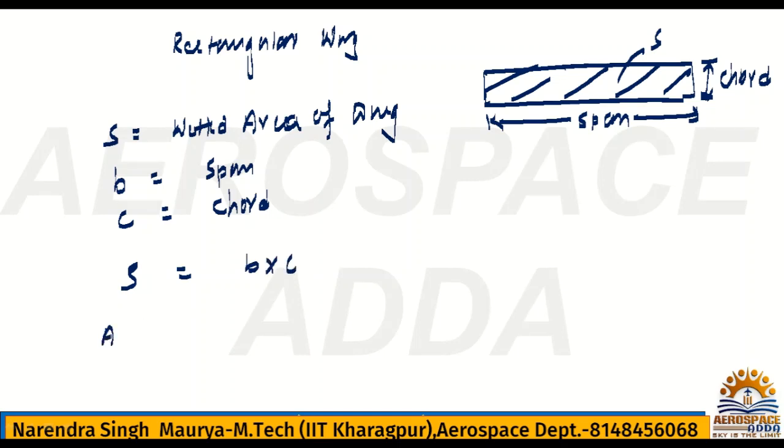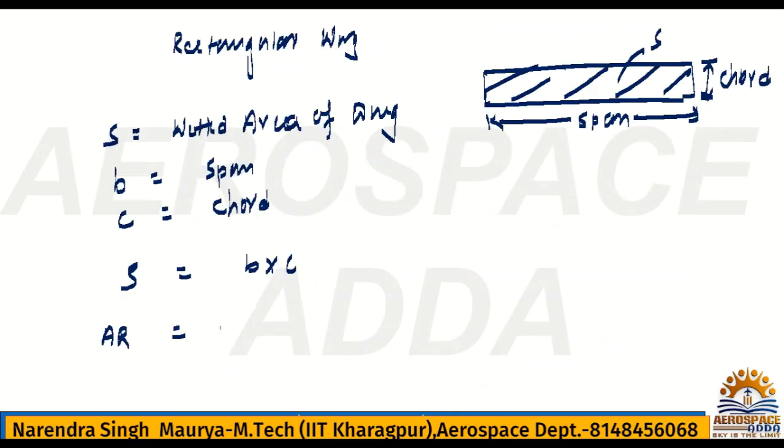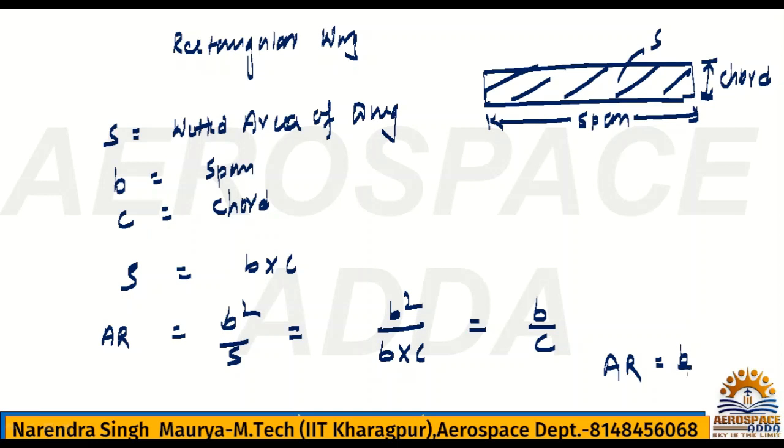So what will be the aspect ratio? Check the previous formula. It's span square, B square by S. S is nothing but B into C. So for rectangular wing, what is the aspect ratio? It is B by C. Similarly, for different types of wing, aspect ratio will be changing.